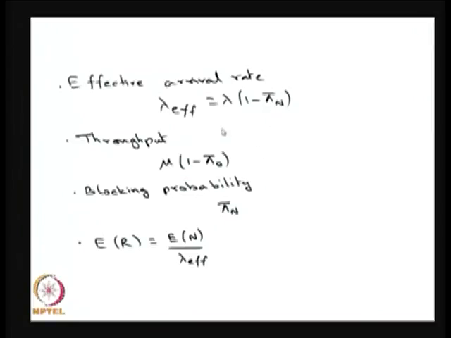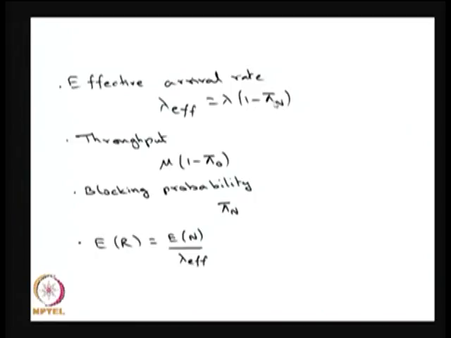Once we know the steady state probabilities, you can find out the average number of customers in the system, and using Little's formula you can get the expected time spent in the system by any customer, divided by not lambda, it is lambda effective, because the effective arrival rate is used in Little's formula, not the arrival rate. For an M/M/1 infinity system, the effective arrival rate and the arrival rate are one and the same, because there is no blocking.